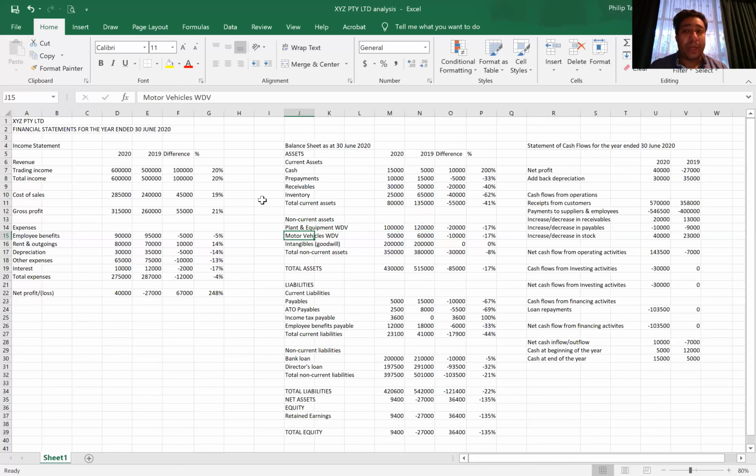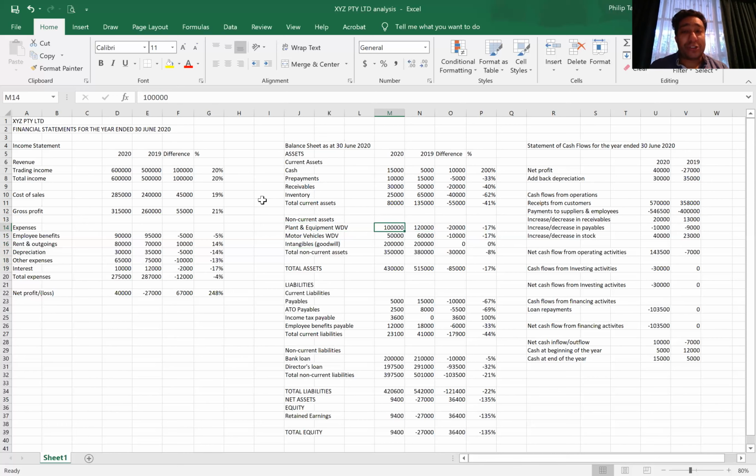down value. Now, when you see a proper balance sheet, it will have plant and equipment at cost, and then another line, less accumulated depreciation. Likewise, with motor vehicles and other non-current assets, it will have motor vehicles at cost, and then another line, less accumulated depreciation. But for the purpose of this exercise, we just do these at written down value.